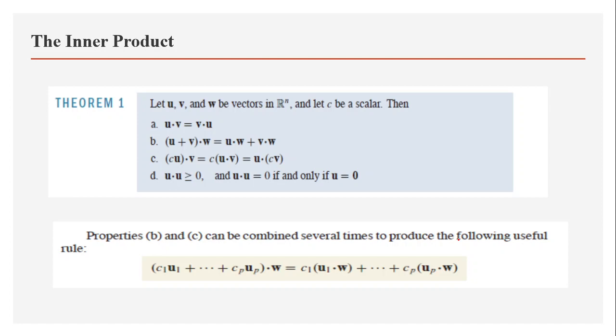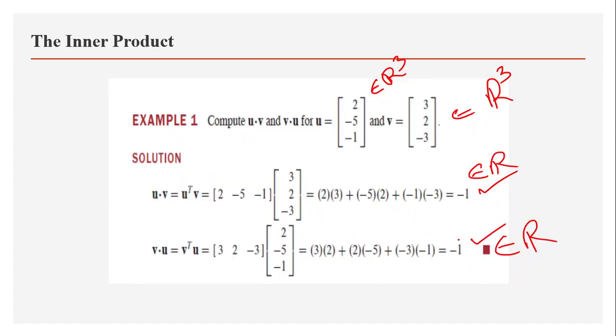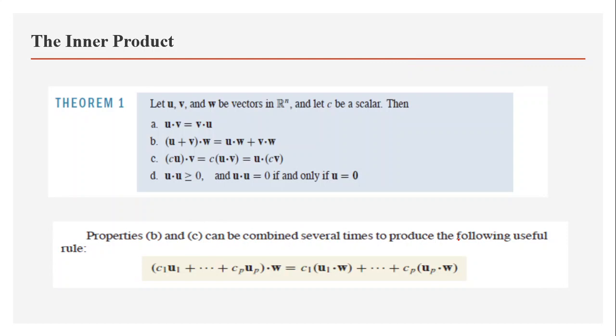Then, (a) u dot v will be equal to v dot u, which is what we have proved in example 1. (b) u plus v dot w equal to u dot w plus v dot w, the distributive law. (c) c u dot v equal to c times u dot v.